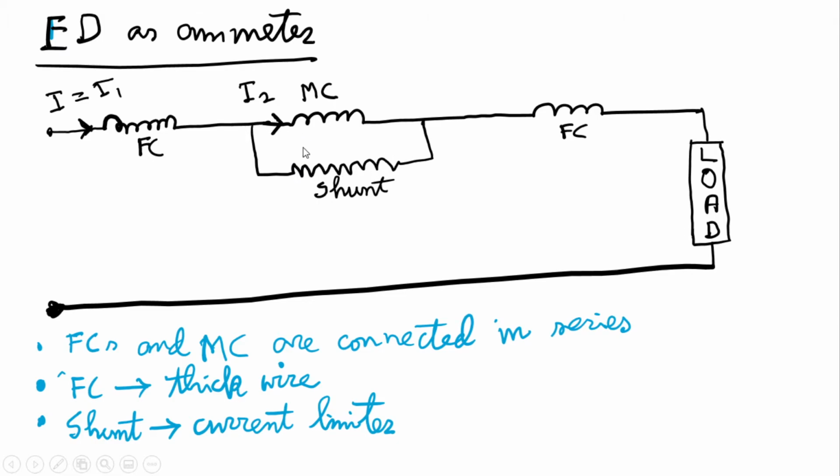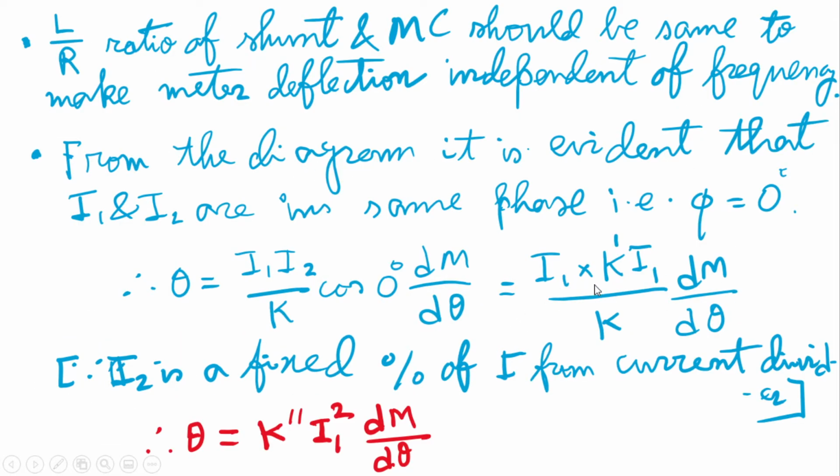Now you know what the current divider rule is. I2, here in this case, will be I2 equal to I1 into resistance of this branch divided by resistance of this branch. Now the resistances of these two things are constant, so I can say that I2 is a certain fraction of I1. That's what I have written here: I1 into K dash I1.